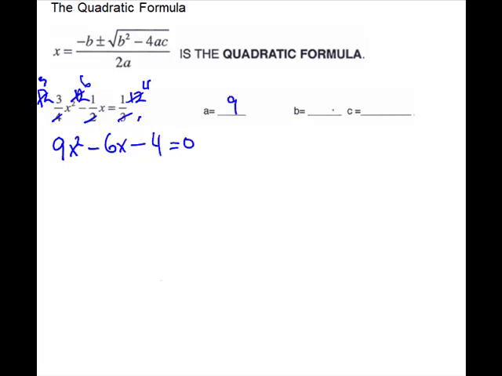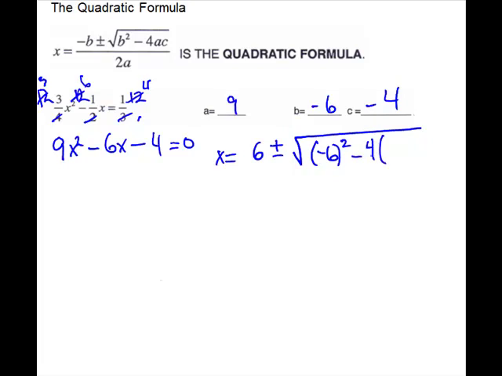A is 9, B is negative 6, and C is negative 4. So I have x equals opposite of negative 6. So it will be 6 plus or minus the square root of negative 6 squared minus 4 times 9 times negative 4 all over 2 times 9.